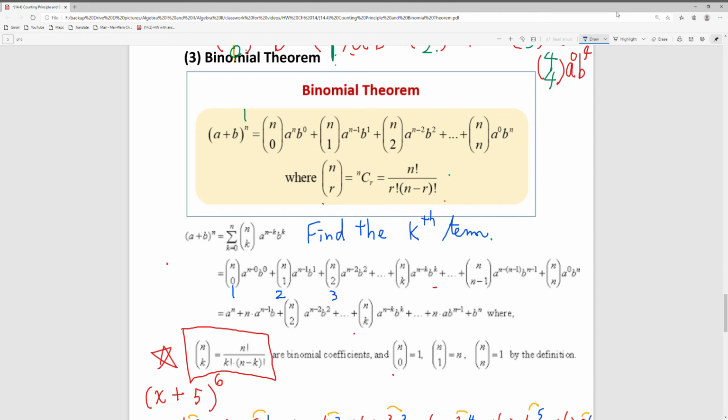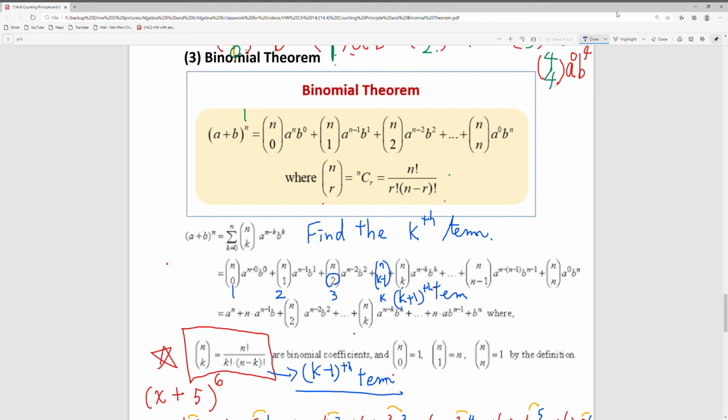If I'm talking about the k-th term, this number needs to be k minus 1. So the k-th term is here for k minus 1. When you have n choose k, that is the k plus 1 term. Okay, so this is not the k-th term, this is the k minus 1 term. Be careful.